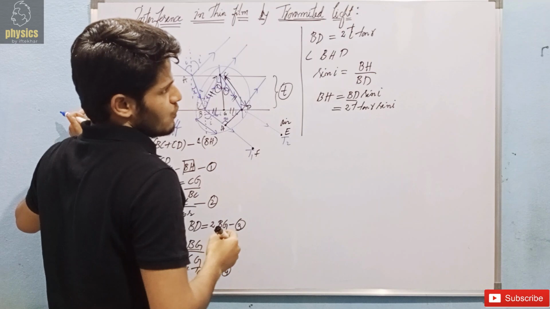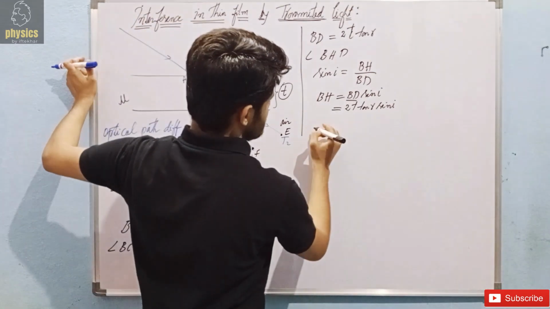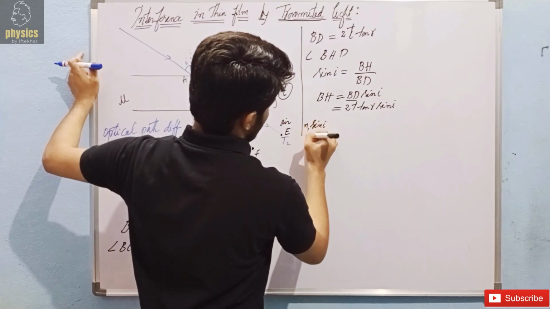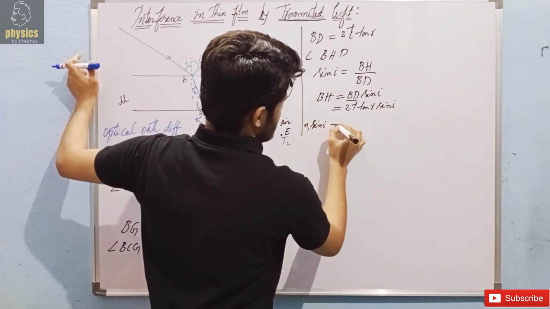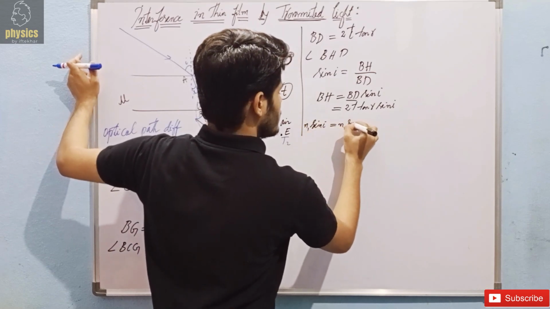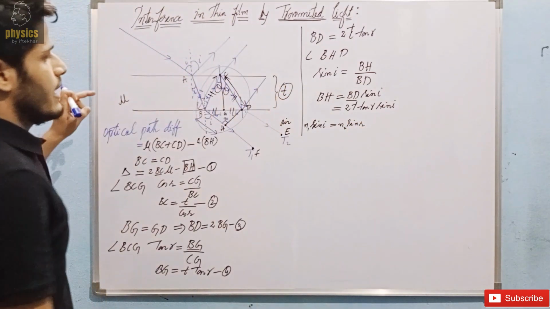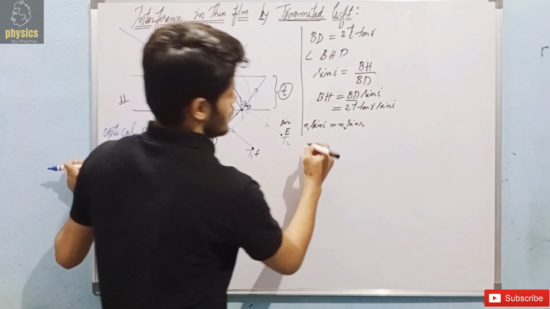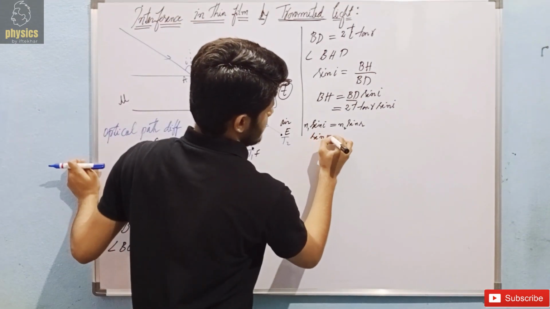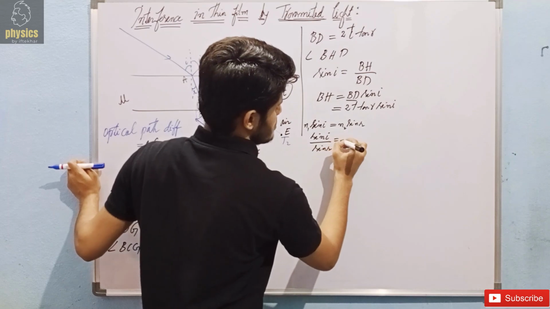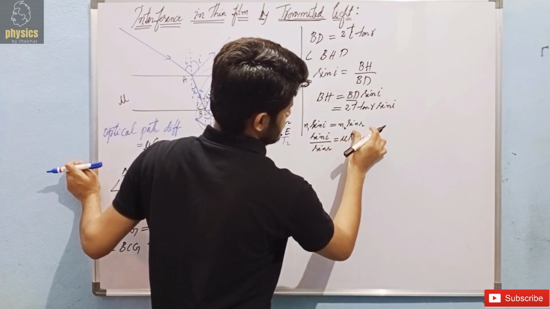And we know from Snell's law, n1 sine I is equal to n2 sine R. The refractive index of air is 1, so this equation becomes sine I by sine R equals mu.